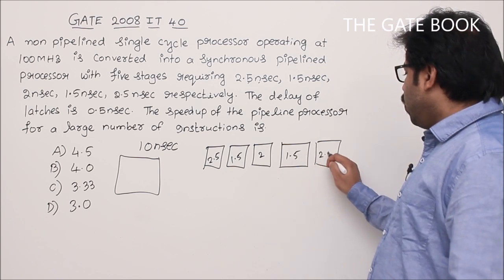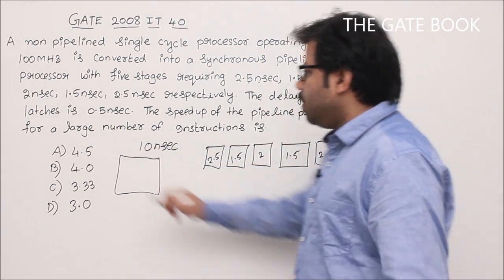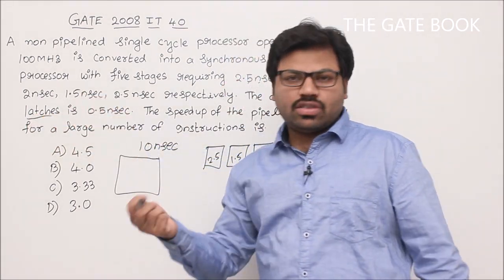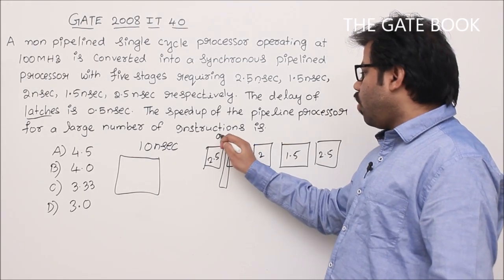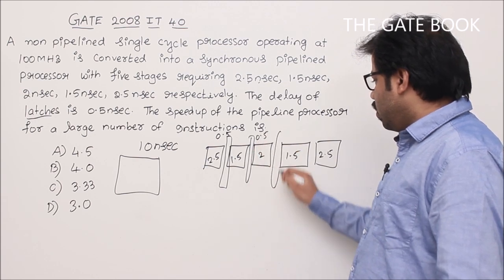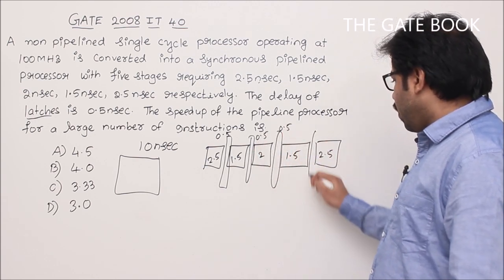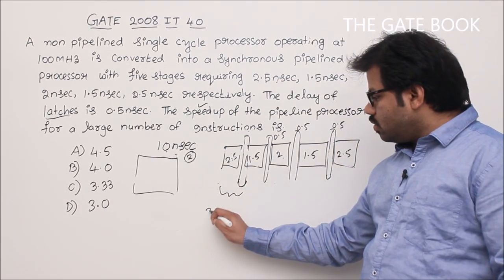And you know that there will be buffers also. The latch, here buffer, latch is also known as buffer. Here the buffer delay is uniform 0.5 everywhere. Here the clock delay is 3 nanosecond.